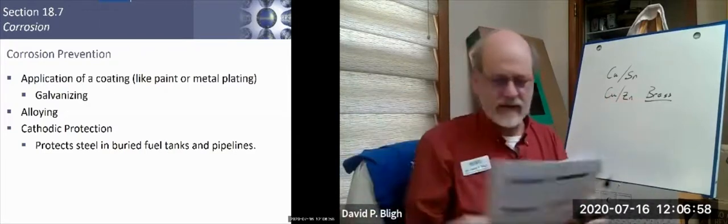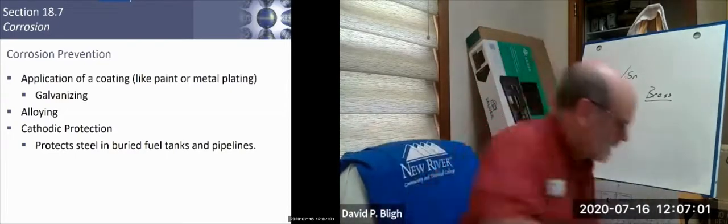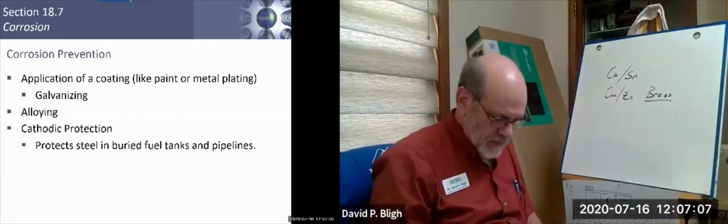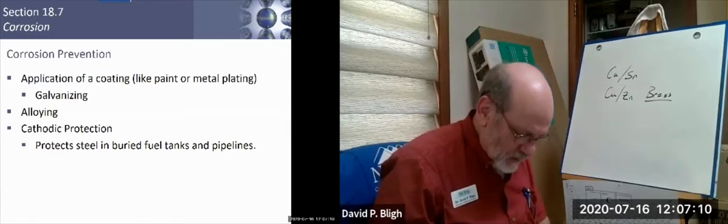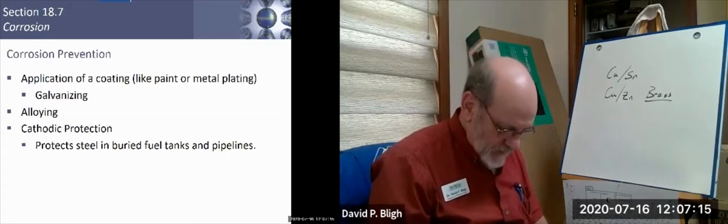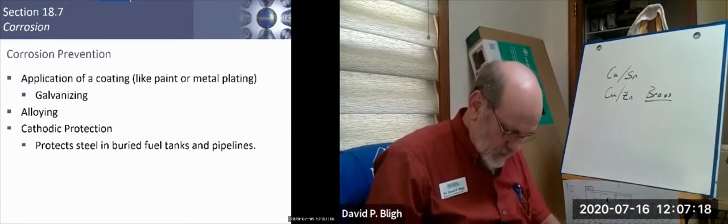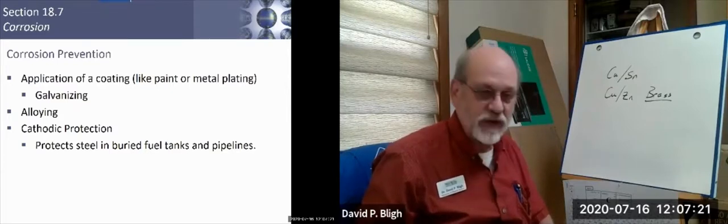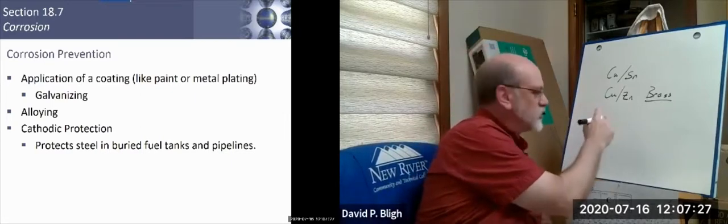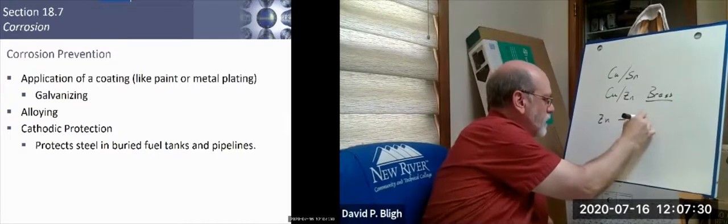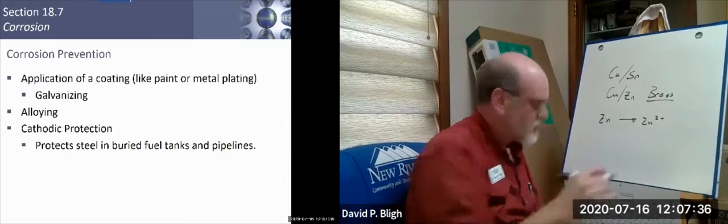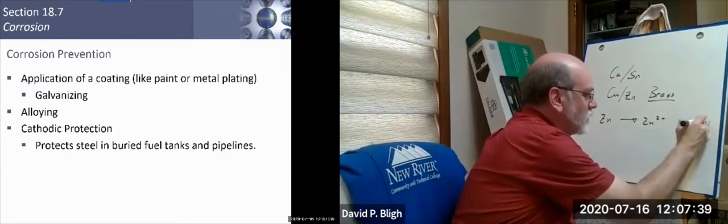Let's see if I'm correct in that assumption. Here we go. Let's use this one. So we look at the half reactions for zinc. You see, here's copper, 0.34 volts for copper to be reduced, and zinc is negative 0.76. So in order to go from zinc to zinc 2 plus would be 0.76 volts.